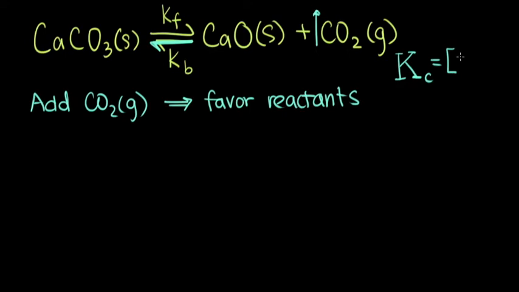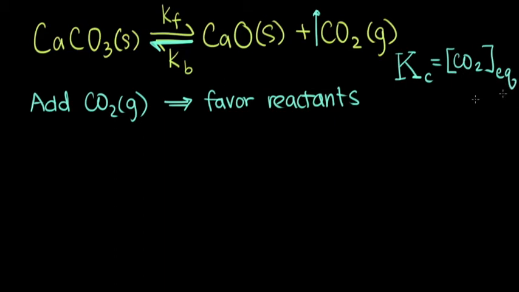If we write Kc, the expression will be the product concentration, so our CO2 gas concentration, and that's it. When we write out Kc, we include concentrations of gases and solutions, but we don't include solids. So Kc is just the concentration of CO2 at equilibrium, and I'm going to write an EQ there to show that it's the equilibrium concentration.